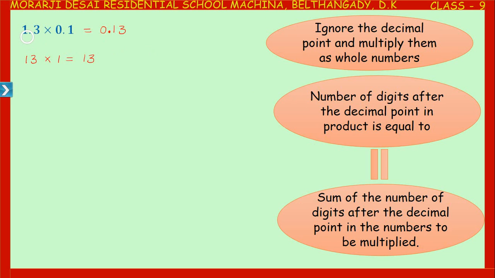In the question, 1.3 has one digit and 0.1 has one digit after the decimal point. So in the answer there should be 2 digits after the decimal point. Now 0.13, there are 2 digits after the decimal point, 1 and 3.